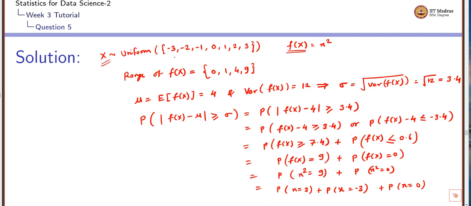X is uniform in this range, so the probability that x equals 3 is 1 by 7, plus the probability that x equals minus 3 is also 1 by 7, and the probability that x equals 0 is also 1 by 7. So it's nothing but 3 by 7. This is the probability that f of x is one standard deviation away from its mean.